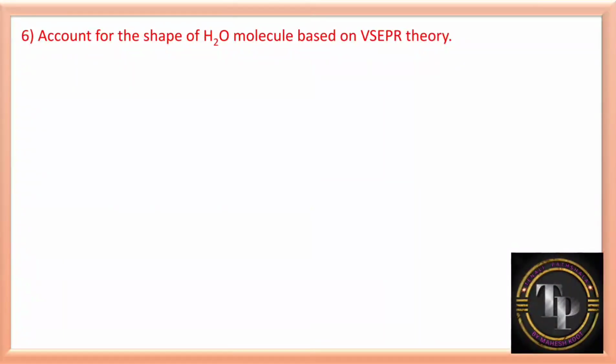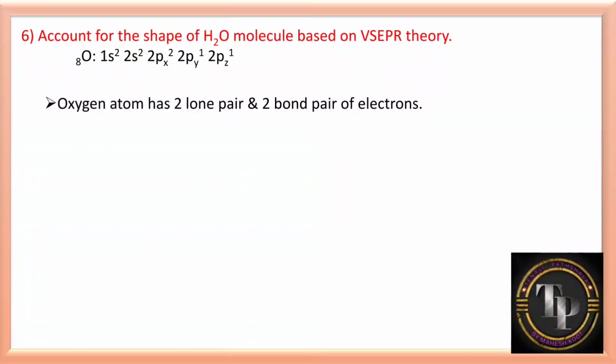Account for the shape of the water molecule based on VSEPR theory. Oxygen atomic number is 8. Electronic configuration is written like this. Oxygen atom has 2 lone pairs and 2 bond pairs of electrons.